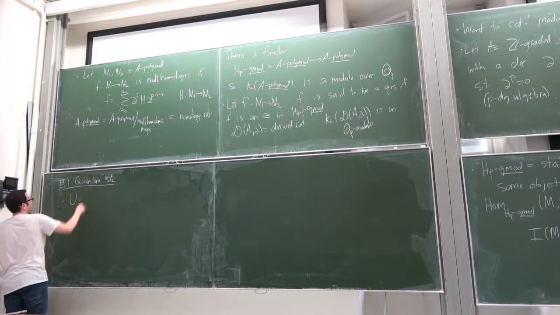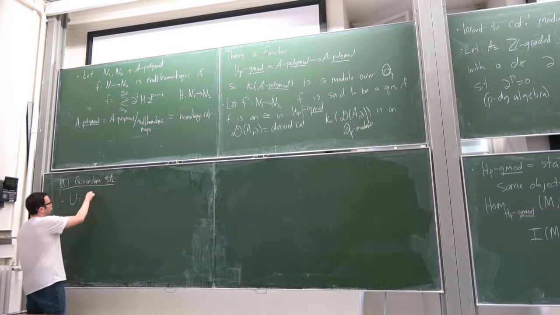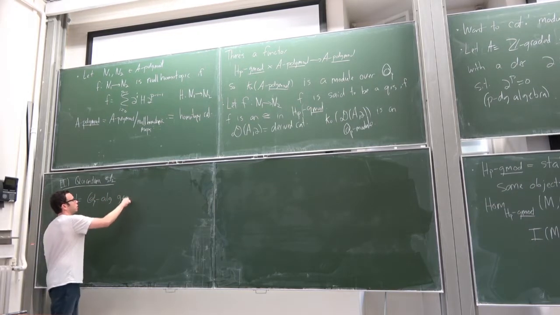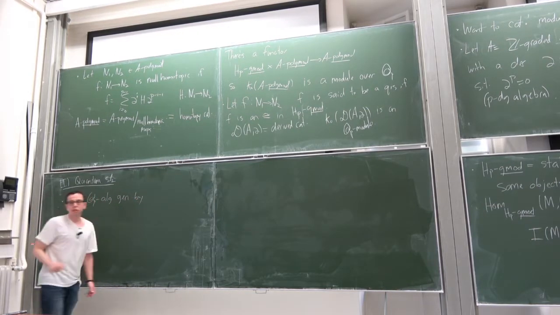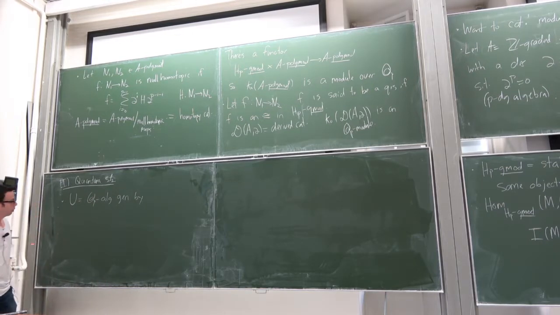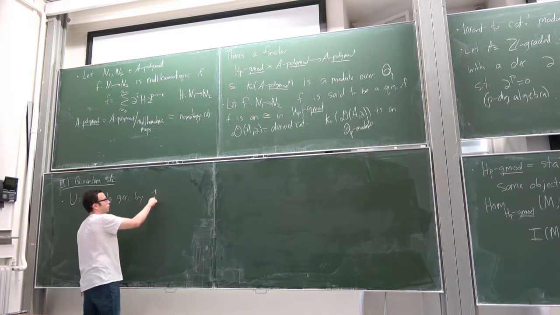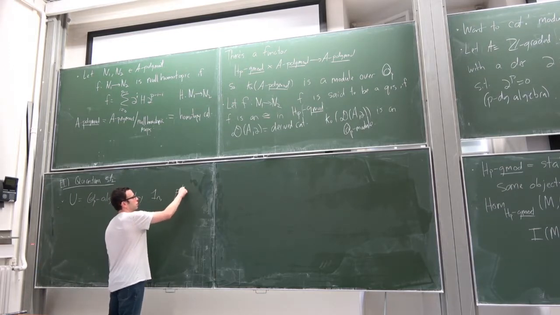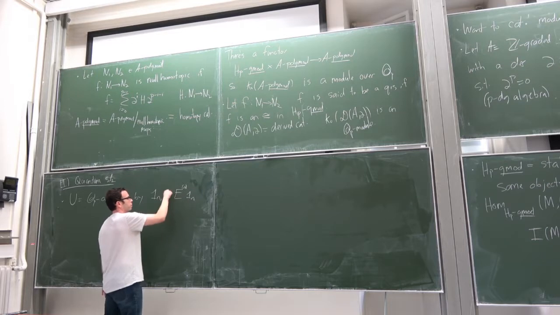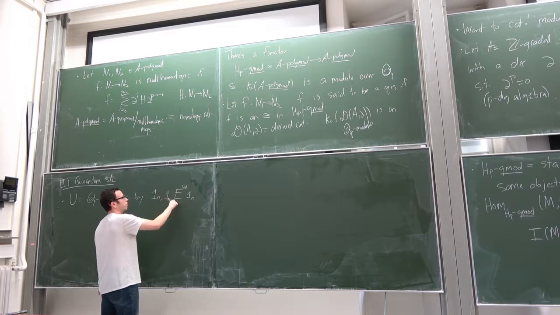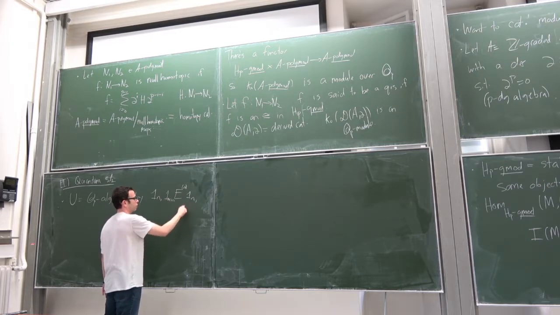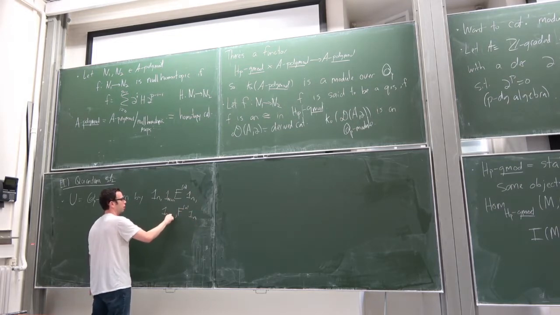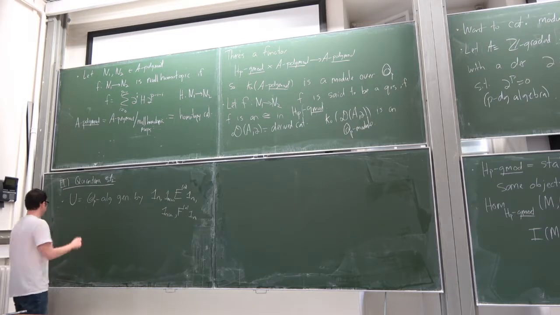So I'm going to let U be the OP algebra generated by, so this is the Beilinson-Lusztig-MacPherson form of quantum SL2. It's going to be generated by a bunch of idempotents, these divided difference elements, and the Fs, subject to some standard relations.